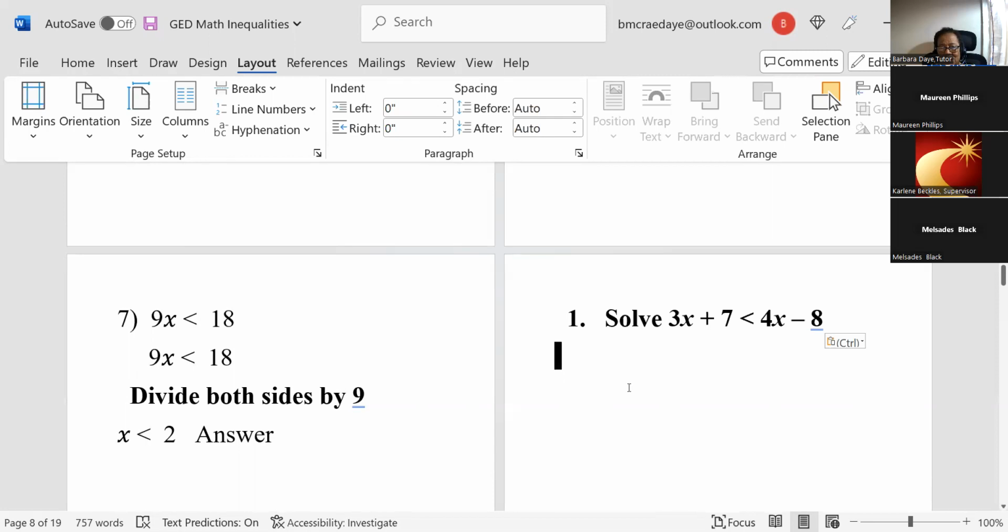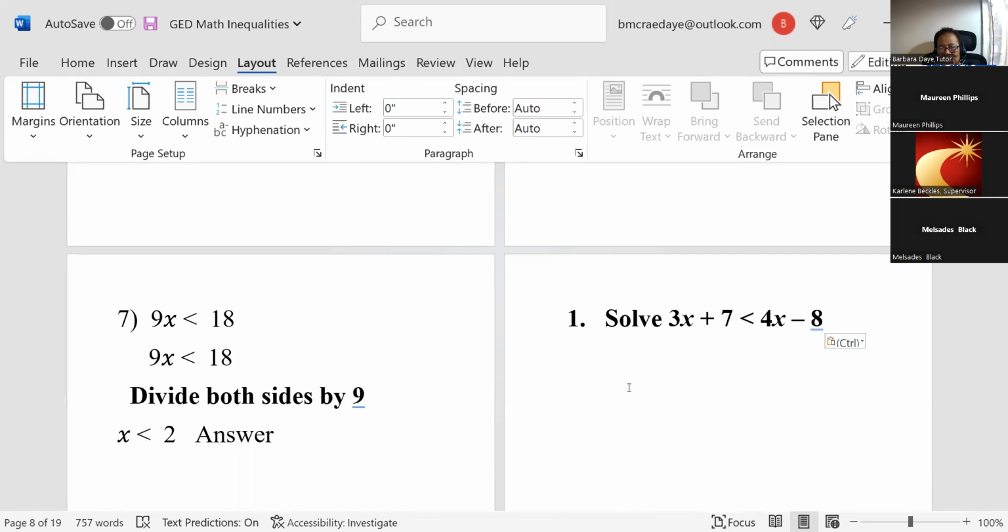What would you do first? And there's no wrong answer here. I will put the 4x under the 3x. I don't want to hear put. I want to hear addition, subtraction, multiplication, division. I want to hear some math terms. What would I do, Maureen?